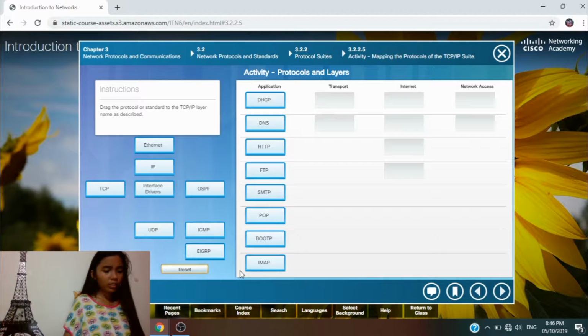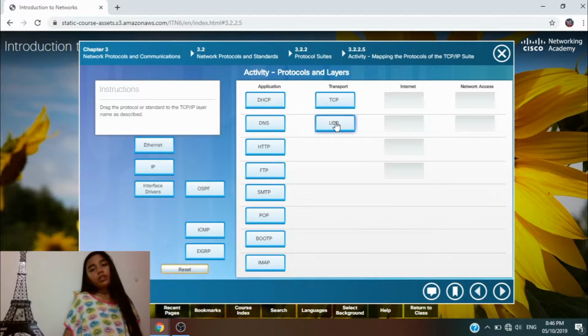So next is the transport. So the transport is TCP and UDP. So next we have the internet.